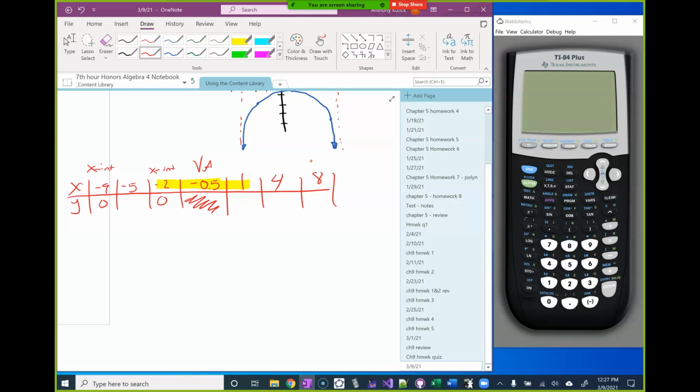Okay. To get the rest of these values, I'm going to use my calculator. So what do we have? We had x² plus 11x plus 18 divided by 2x plus 1. And then we'll reset our window. I don't really need the -9 because it's already in my table. I already have the y value for that.